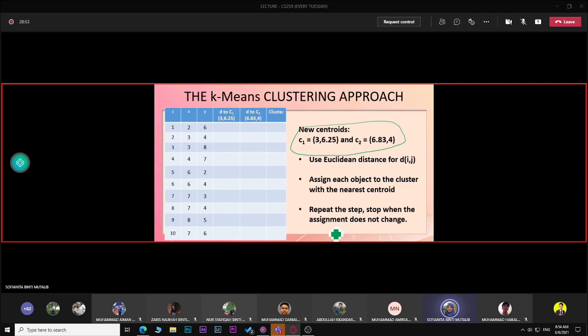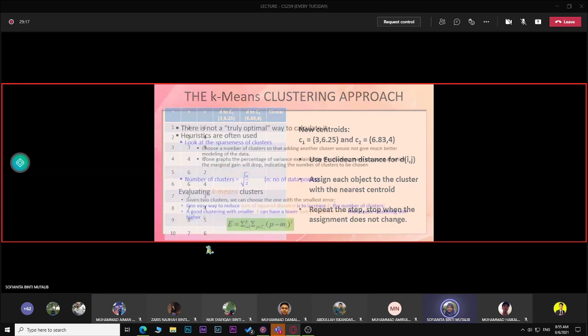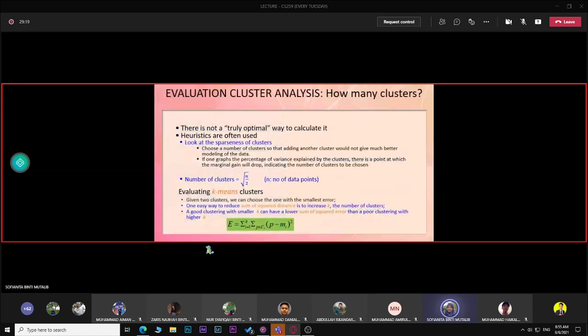It will be repeated until after a certain iteration the objects are maintained in cluster 1, cluster 1, cluster 1, 1, 1, and 1, and then 2, 2, 2, 2. After a certain iteration, they maintain in their cluster, so it will be terminated. Please have a look at this one.